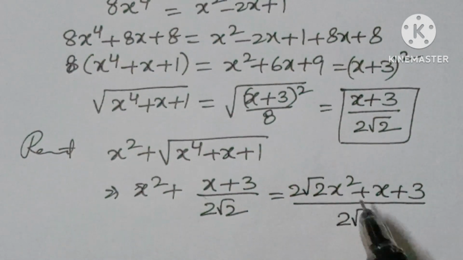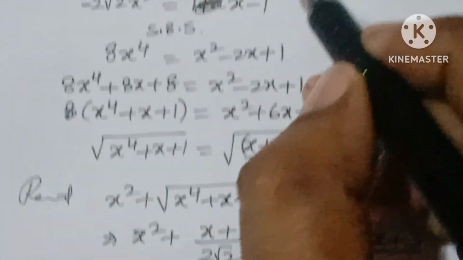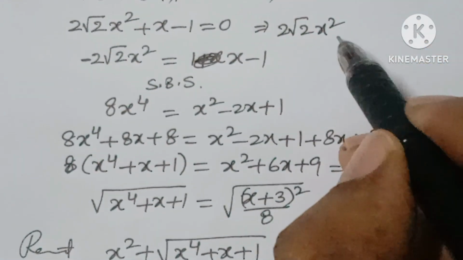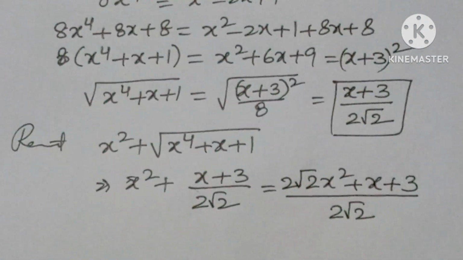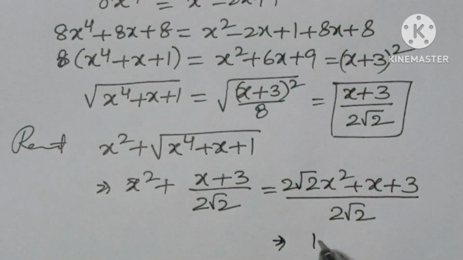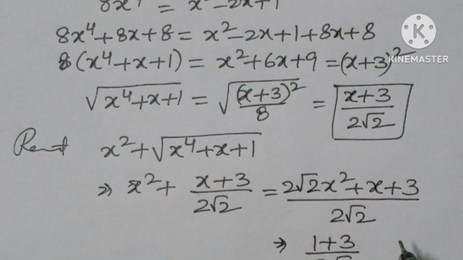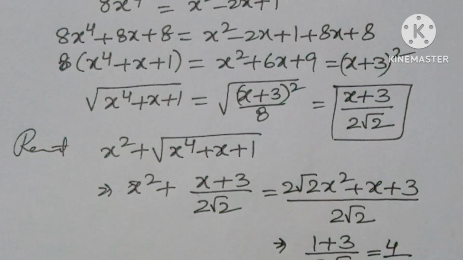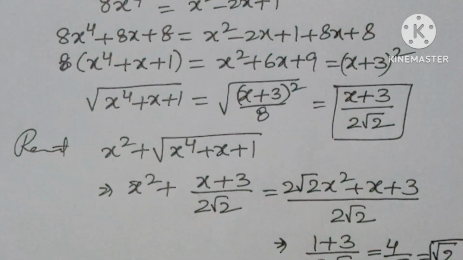Now this value, 2 root 2 x square plus x, value is 1. From here you can write 2 root 2 x square plus x is equal to 1. So that value we substitute here: 1 plus 3 by 2 root 2. So here 4 by 2 root 2. So here we'll get root 2 as the answer.